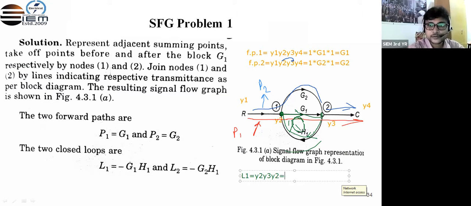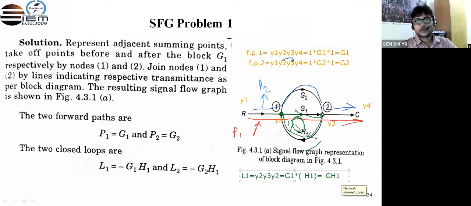Because it is important. Loop gain will be g1 into minus h1. Okay, g1 into minus h1, it will be minus g1h1.